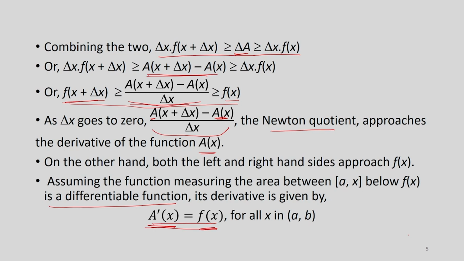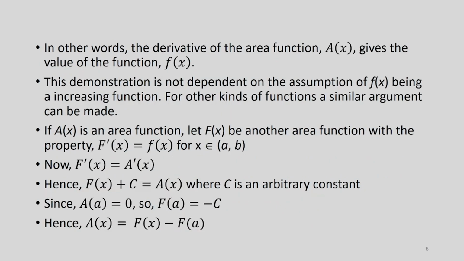So, that is the end result of this exercise. A prime of x is equal to f(x). What is A prime of x? The derivative of the area under the f(x) function. That derivative of the area is equal to f(x). In other words, A(x) is the area function, and the derivative of this gives the value of the function, which is f(x).